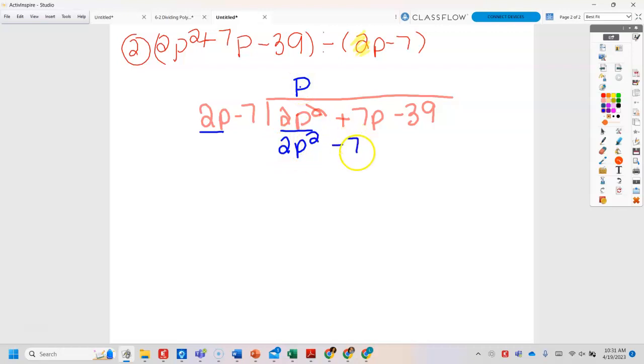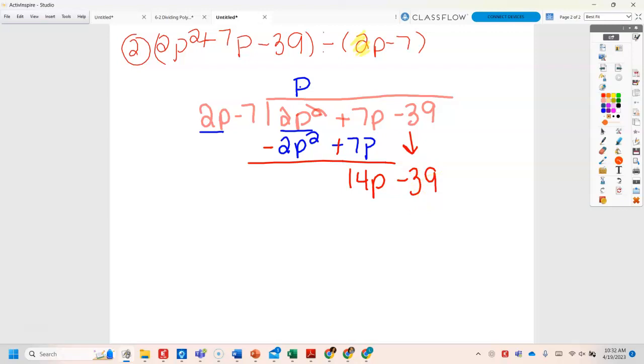P times negative 7 is negative 7p. But the rule is that we subtract what we multiplied, so we change the signs. 2p squared minus 2p squared is 0. The first terms when you're multiplying should always cancel out. 7 plus 7 gives 14. And we bring down the next term, which is negative 39.